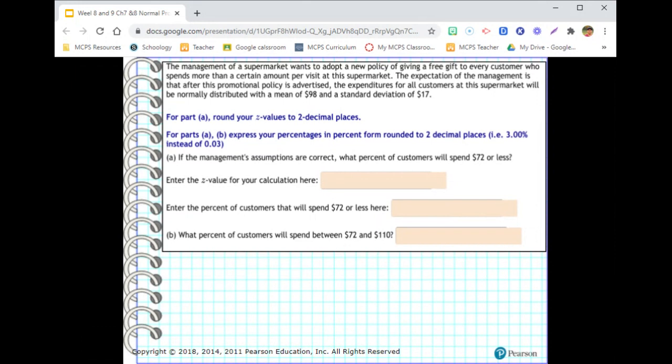We have 72 minus 98 over 17. That's right. Got negative 1 point something, 52 or 53. And then letter B. Wait, 1.3, yes.